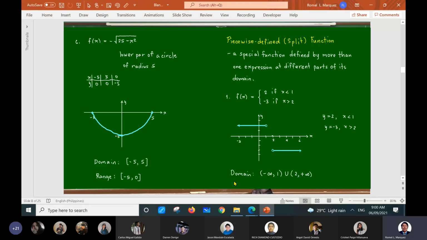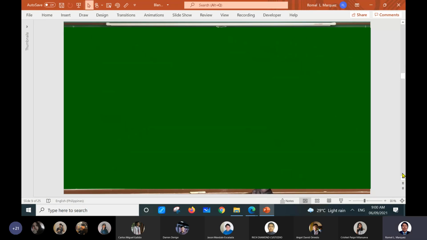What about the range, children? 2 and negative 3, sir. So the set containing 2 and negative 3 only, no? Okay. So that's the range. You can write it as the set of all y such that y is equal to negative 3, positive 2. Okay?